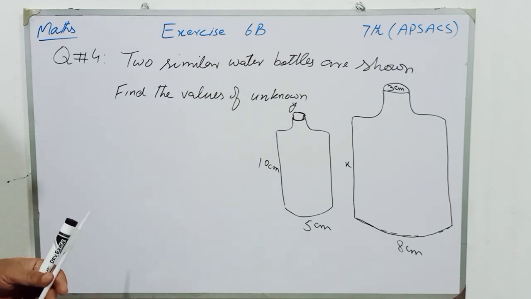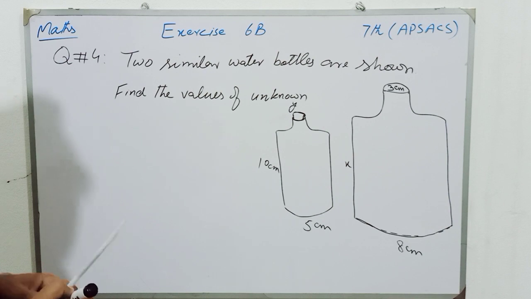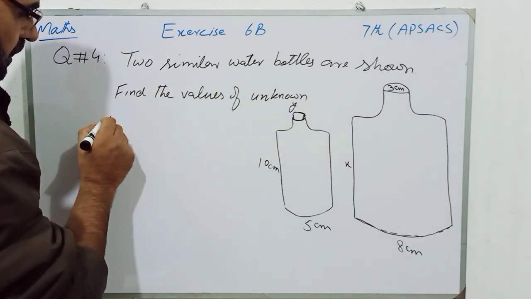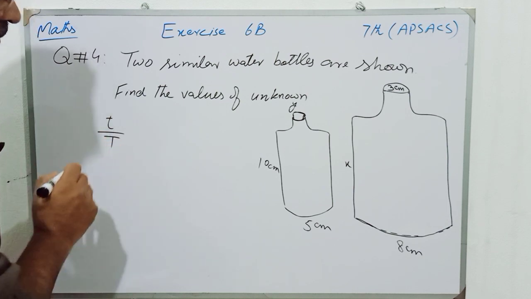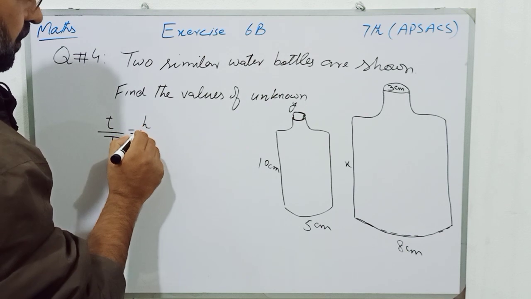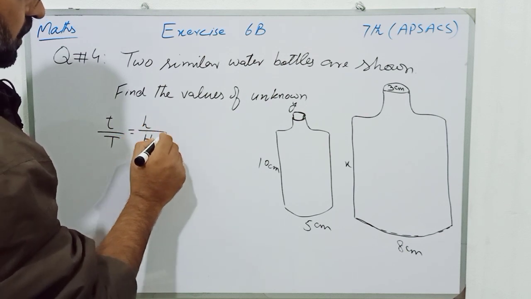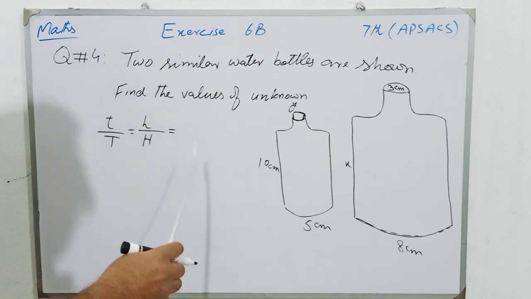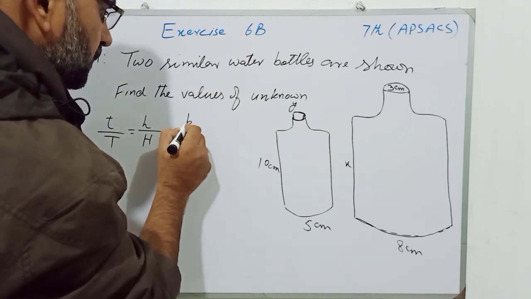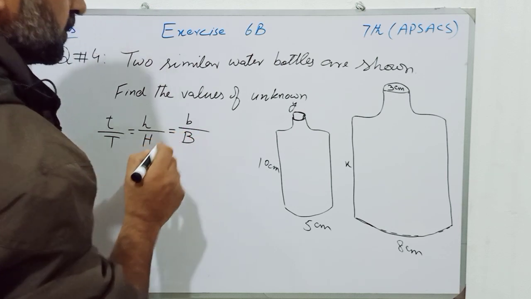We can say that they are proportional. So students, top of small bottle over top of large bottle will be equal to height of small bottle over height of large bottle, and that will be equal to base of small bottle over base of larger bottle.